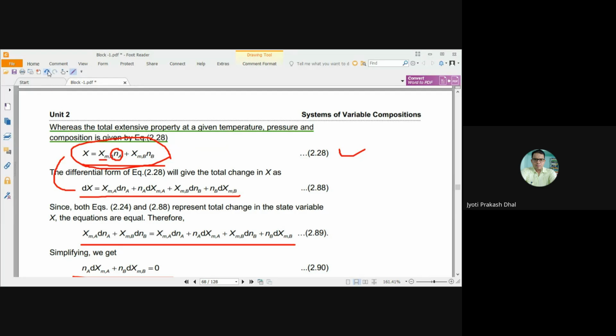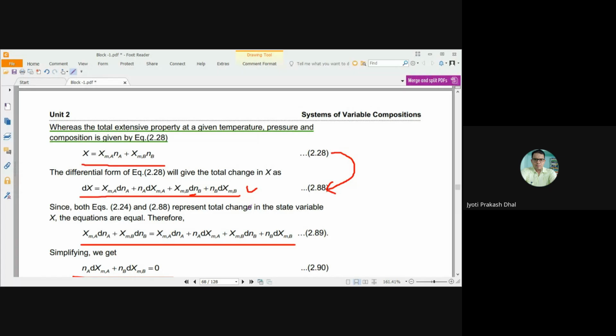So the differential equation, taking the differential of equation 28, can be written like this: dX equals X m a dn a plus n a dX m a plus X m b dn b plus n b dX m b.